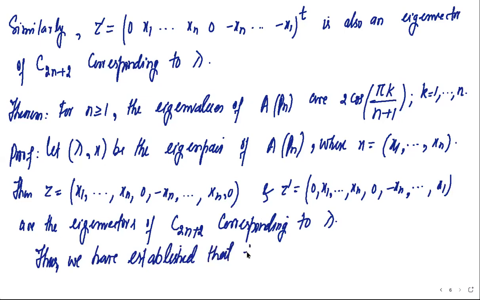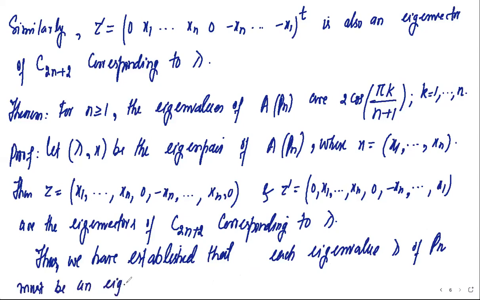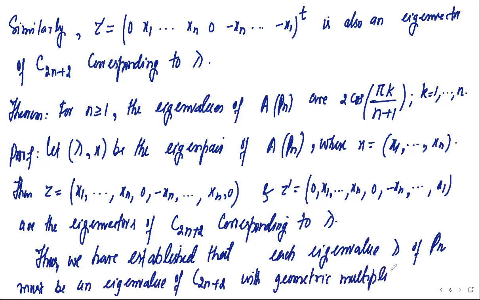for each eigenvalue lambda of Pn, it must be an eigenvalue of C2n+2 with geometric multiplicity equal to 2.